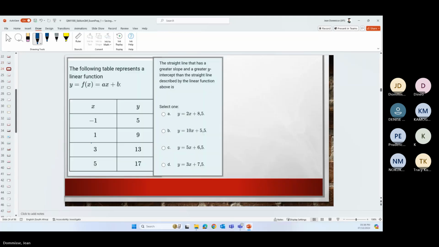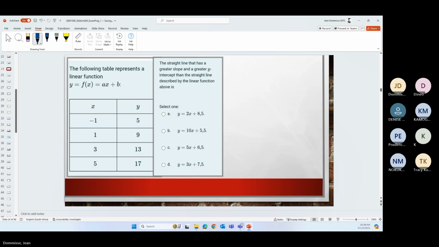Then they ask us to look at the following table that represents data. There's an X and a Y, and then they say the straight line that has a greater slope and greater y-intercept than the straight line described by the linear function above is.